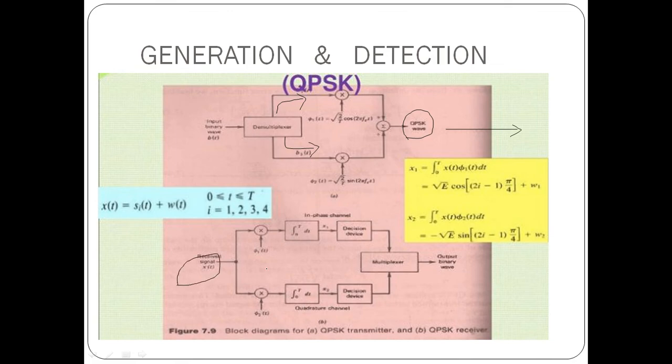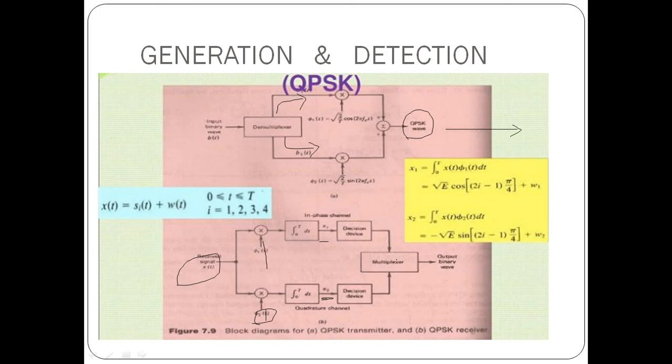So X of t, if I multiply with phi 1 of t, I will get X1. X of t, if I multiply with phi 2 of t and integrate over the limit, I will get X2. We should take the decision rule separately: for X1, separately I perform the decision rule, and for X2, separately I perform the rule.